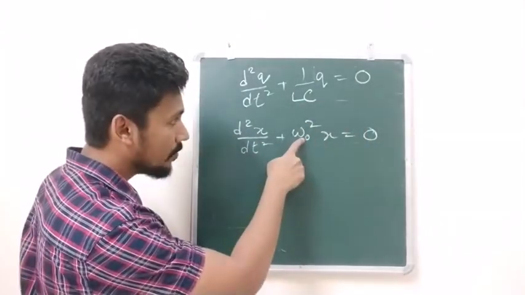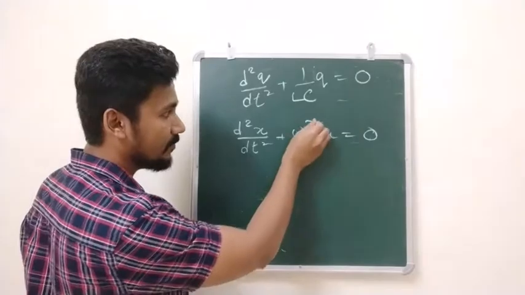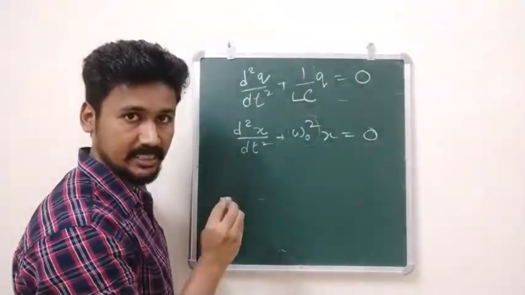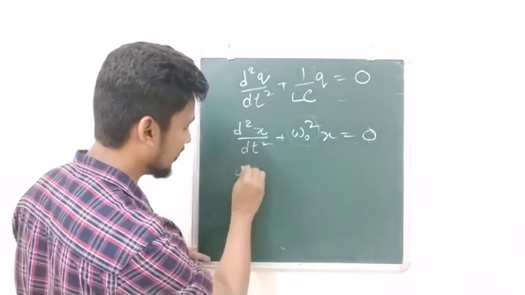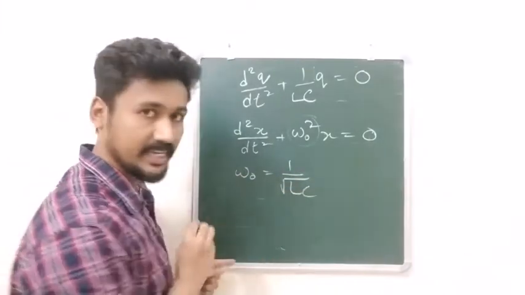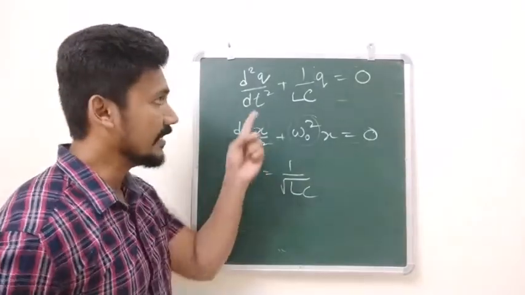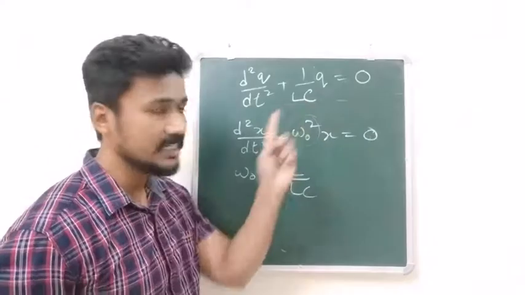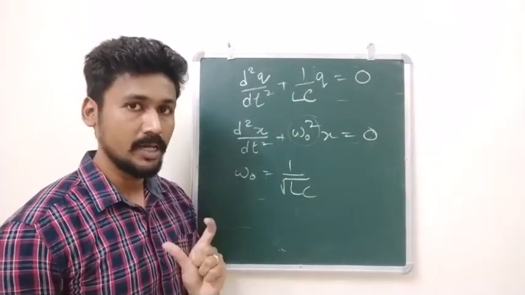Correct? This omega naught squared is nothing but the resonant frequency squared, which is equal to 1/LC. So once again, from this relation you can see that omega naught is equal to 1 by the square root of LC. So here we are seeing the LC oscillations into place. Because they follow this relation, we are seeing simple harmonic oscillations.